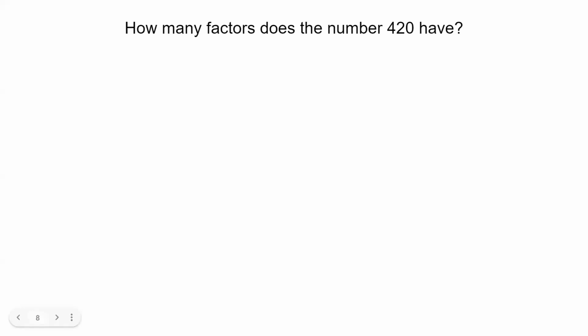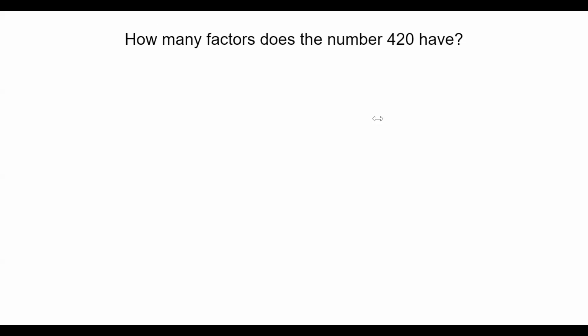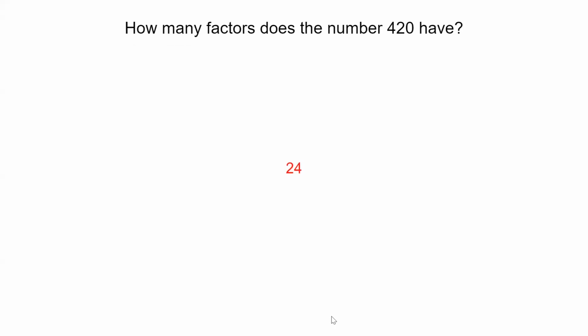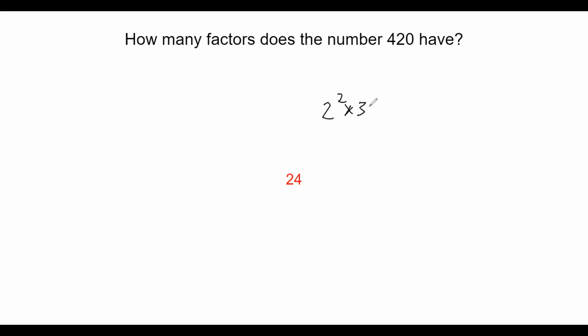All right, I just realized that this problem isn't worded correctly. I probably meant to say divisors here. So that probably would change the answer. We can do both. For the divisors question, there are 24 divisors, and there are actually 5 or 4 factors, depending how you look at it. 420 is just 2 squared times 3 times 5 times 7.